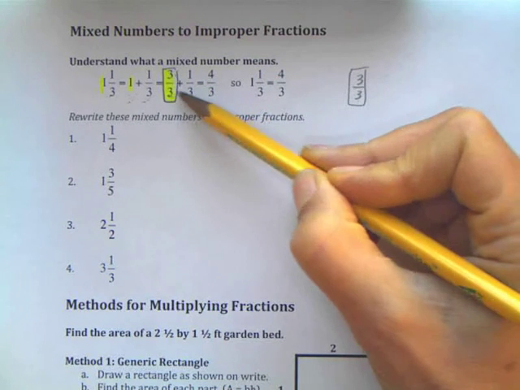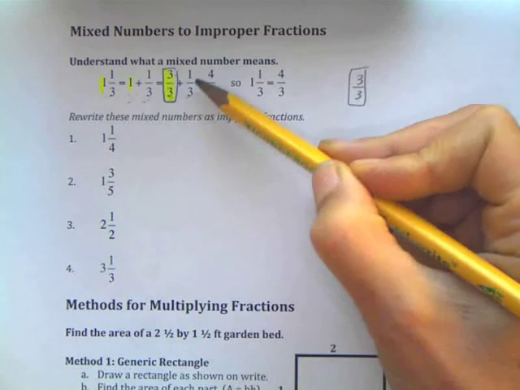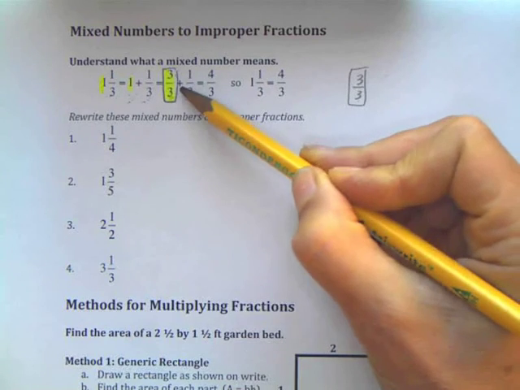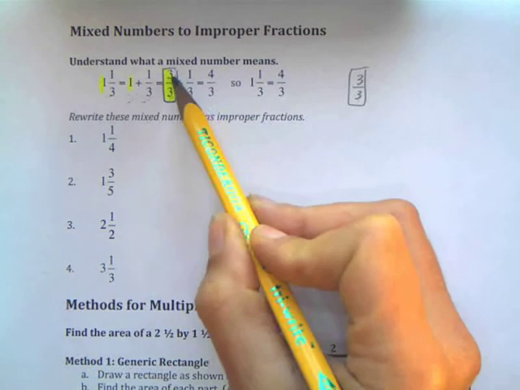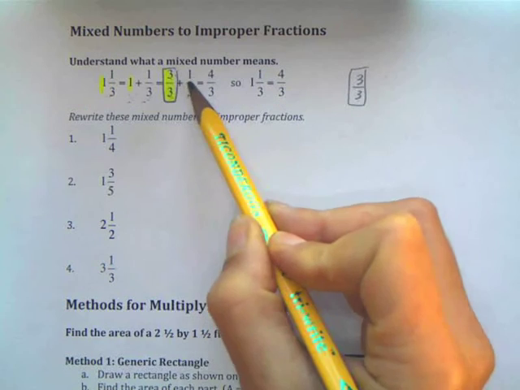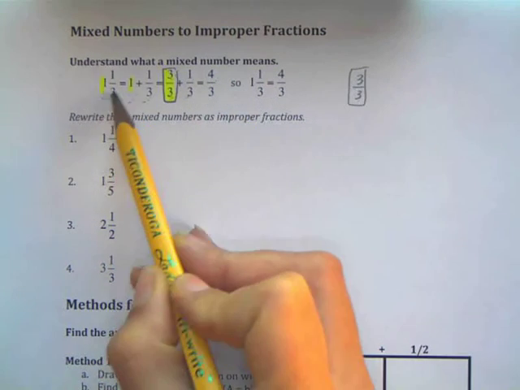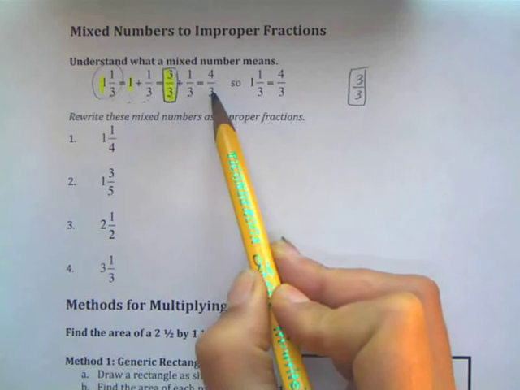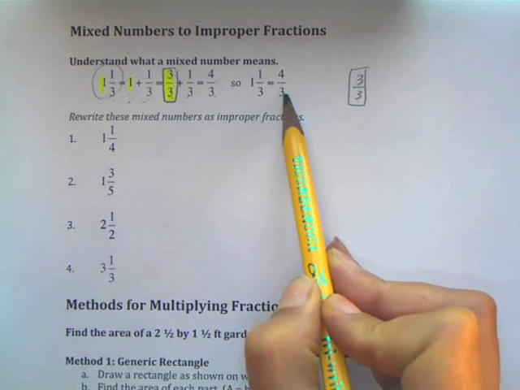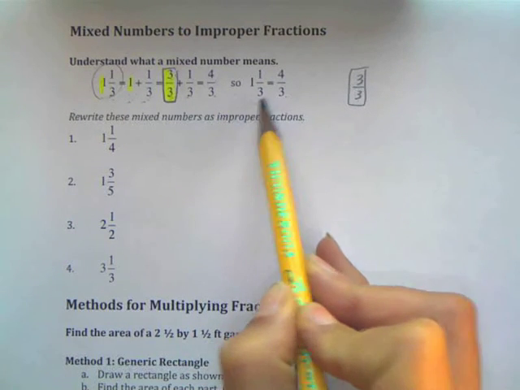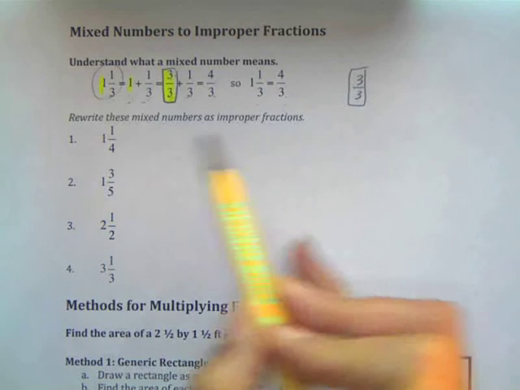And in order to do that, I have to have the same denominator. So 3 over 3. So here's my 1 and 1/3. So I have 3/3 plus 1/3, so I have 4/3. So my original problem, 1 and 1/3, is equal to 4/3. So this is how we change a mixed number to an improper fraction.